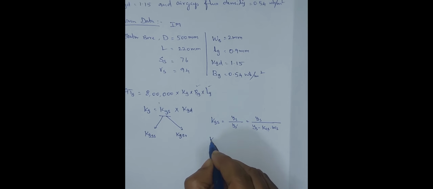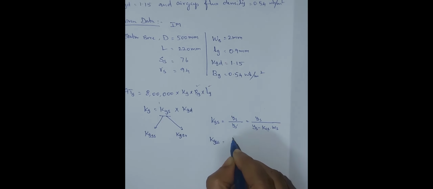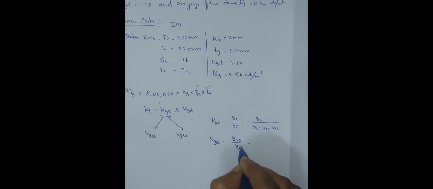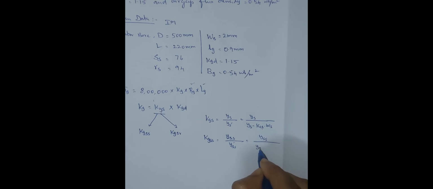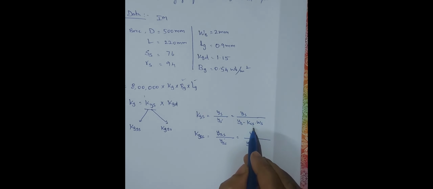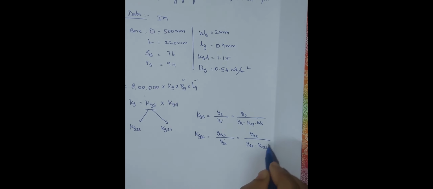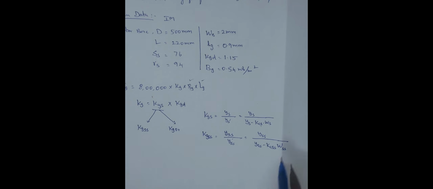So the equation for Kgss becomes: Yss, the stator slot pitch, which is simply the slot pitch, divided by Yss dash, is equal to Yss divided by Yss minus Kcss, the Carter's coefficient for the stator slot, multiplied by the width of the stator slot. If a common width is given, there is no problem. If separate widths are given for the stator and rotor, we have to consider that.